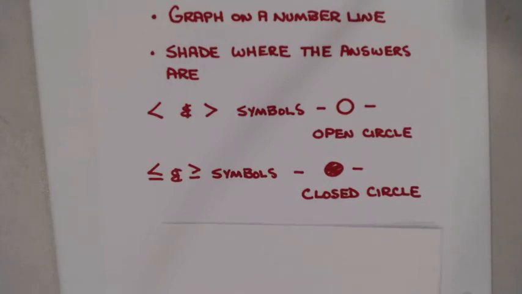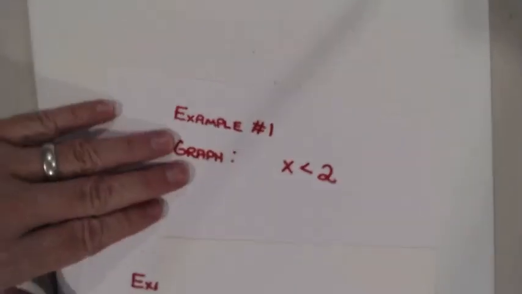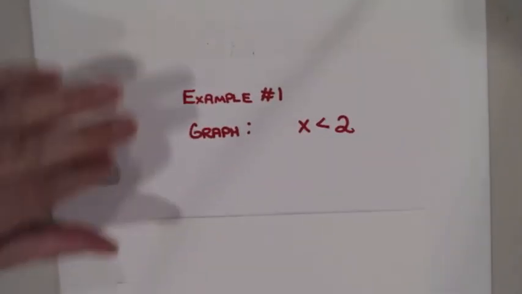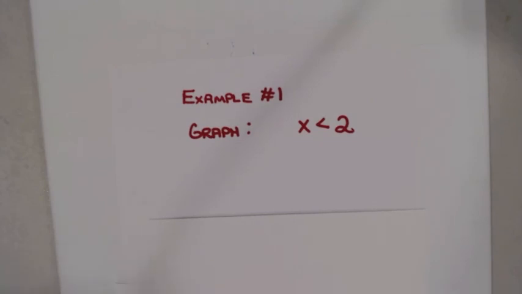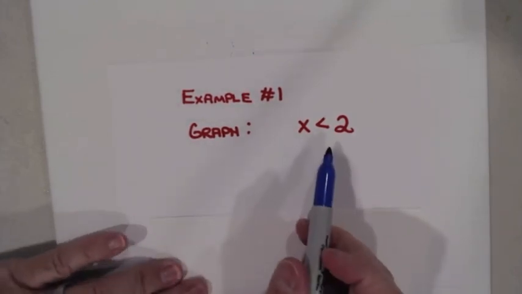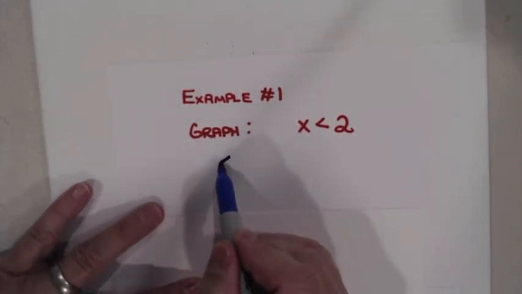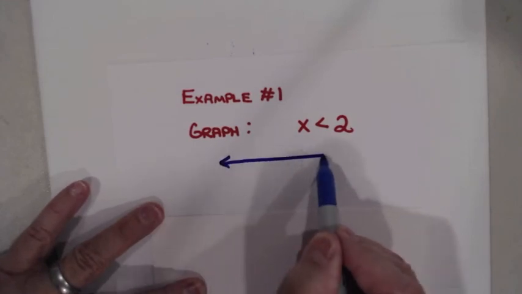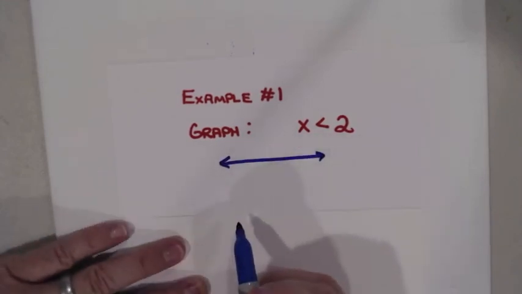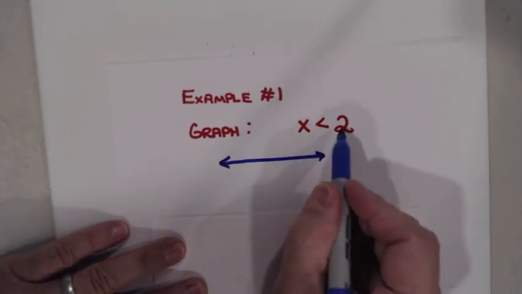We're going to look at two examples. And we're going to graph these examples. Example number 1. I need to graph this inequality, so the very first thing I need to do is draw a number line. Guess what number goes right in the middle of your number line? This number right here.